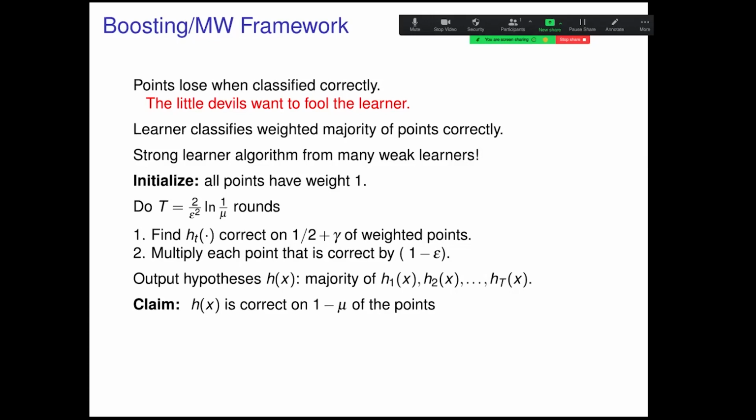What's mu here? I understand that it's the... Mu is a parameter. Wait, so how is mu related to gamma? I don't know. It's going to be related to gamma. Mu is our target. Like, we can pick it. Yeah, 0.01.